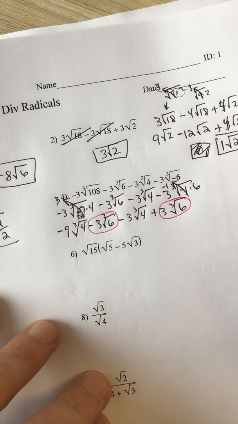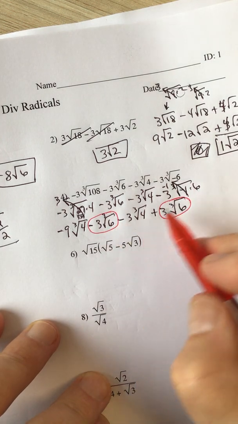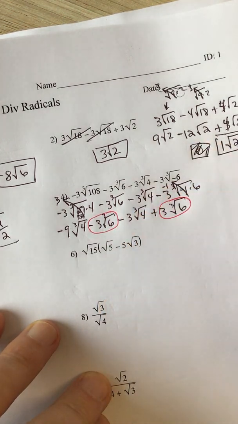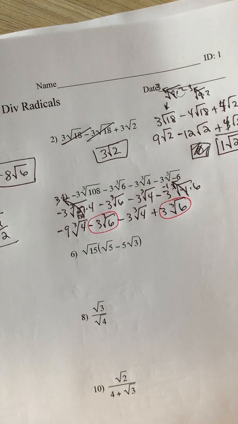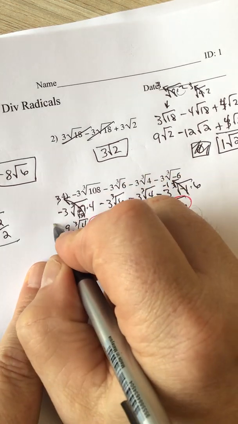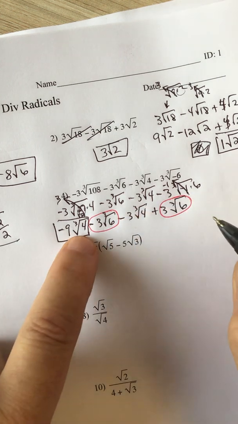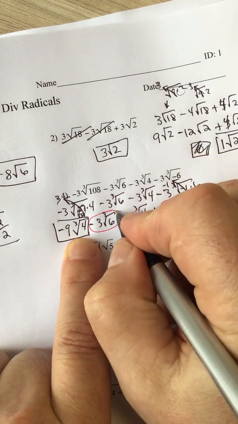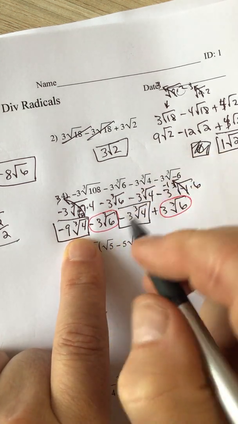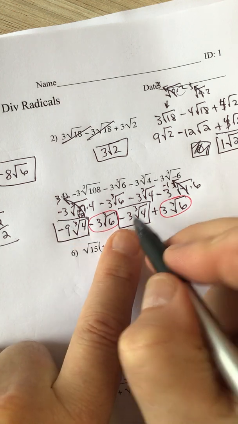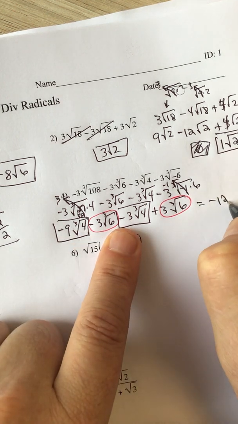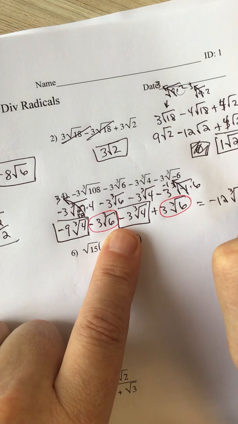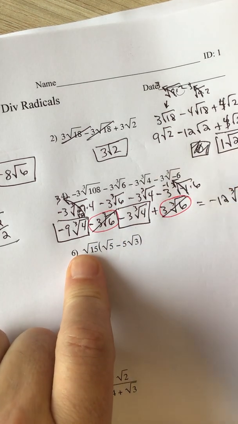They'll add together. So I've got -3 of them and +3 of them, so they actually add up to 0. But then this group, there's a group of 3 roots of 4, and here's a group of 3 roots of 4. So -9 of them and -3 of them is -12 of those 3 roots of 4, and the roots of 6 went to 0.